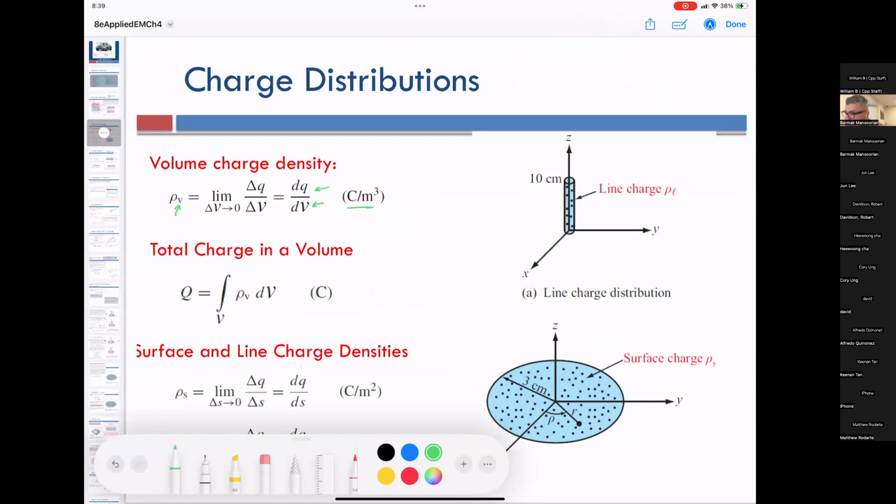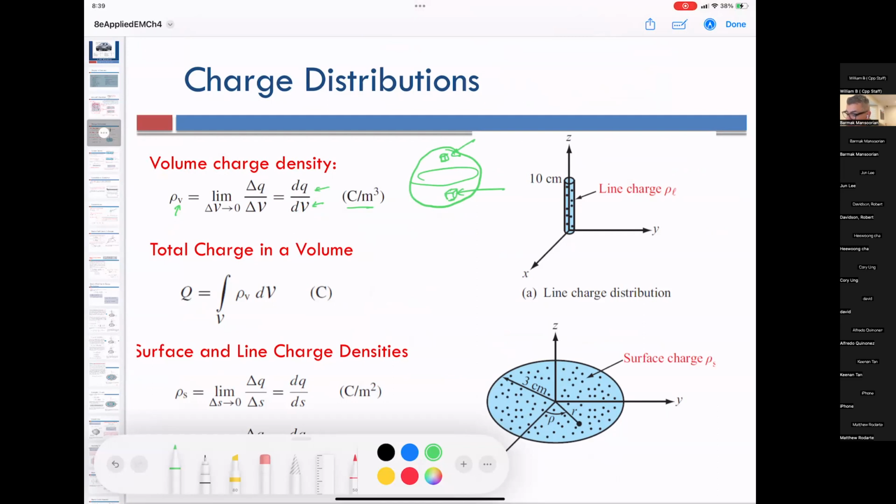This is like if I had a ball with charges uniformly distributed in it, I could think of what the density would be in each volume unit, as these little cubes shrink in size. It might be the same everywhere, might be different, might be a function of position.